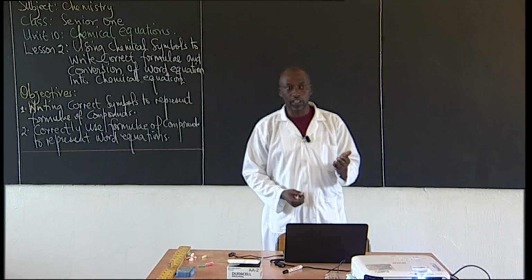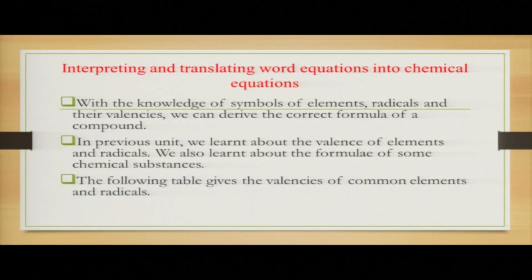So interpreting and translating word equation into a chemical equation. So in the previous units, you could have looked at the symbols. So I expect you, this is actually reminding you of those symbols and radicals and valences that can be used to write the correct formulae of the compounds.